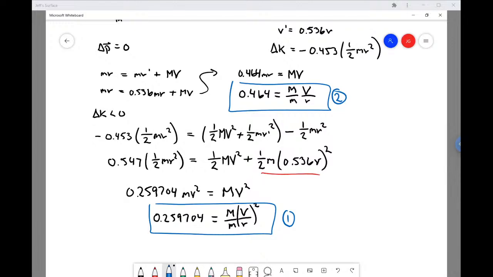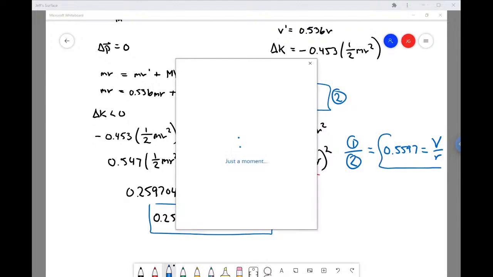So when you take equation 1 and divide by equation 2, what you get is 0.5597 equals big V over little v. So this is one of the answers that we're looking for.